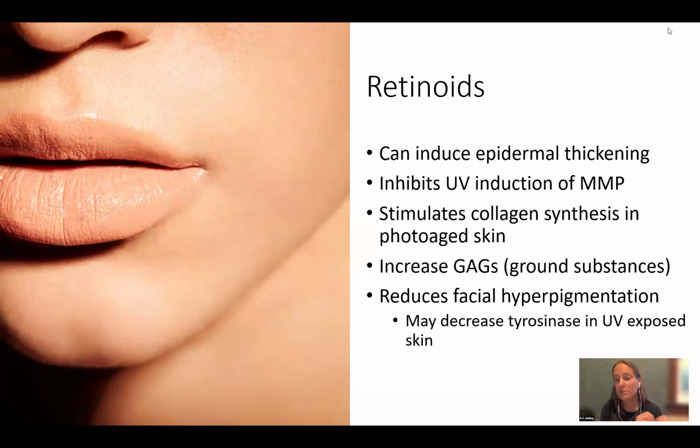But there's other research that indicates that it might be a tyrosinase inhibitor. Tyrosinase is an enzyme found in the melanosomes themselves, in the melanocytes, that you need in order to create melanin. So if you can inhibit or decrease that tyrosinase, then the melanin production begins to slow.